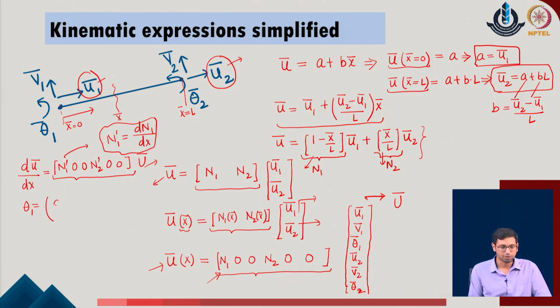Theta 1 happens to be the derivative of the function v at the point 1. Similarly, theta 2 happens to be the derivative of function v with respect to x at the point 2 of the given system. So, now if I want to describe the variation of v1, v2, theta 1 and theta 2, I have to describe them in one similar function.